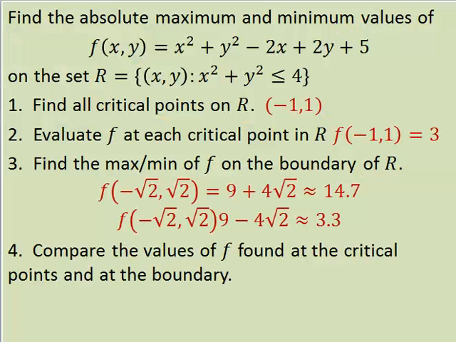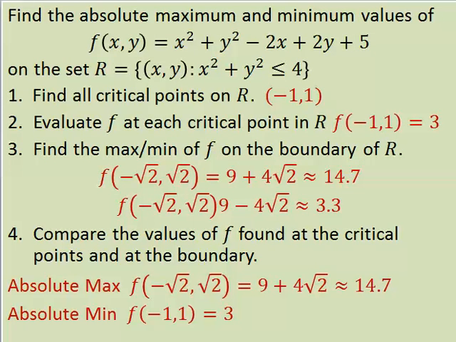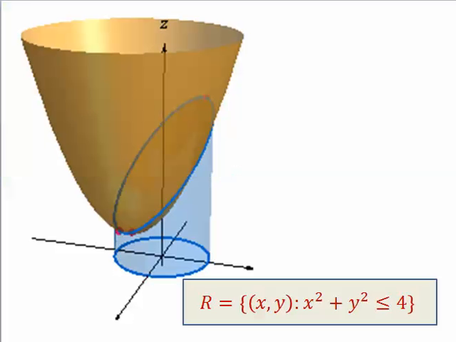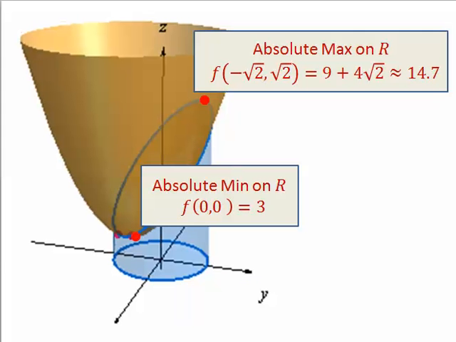This is everything we've done. We have evaluated the function at its critical points, and we have found the max or min of f on the boundary. Looking at these three evaluations, I choose my largest and my smallest. So I had a continuous function on a closed bounded set, and so it has an absolute max and an absolute min.